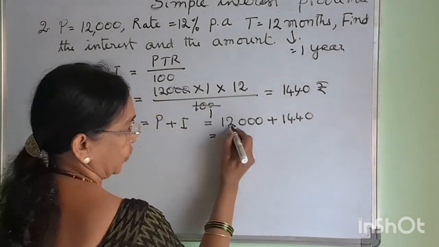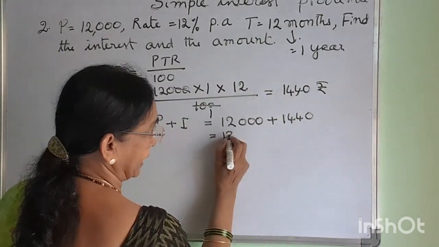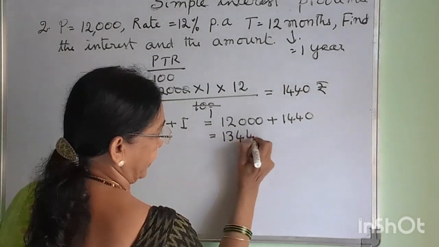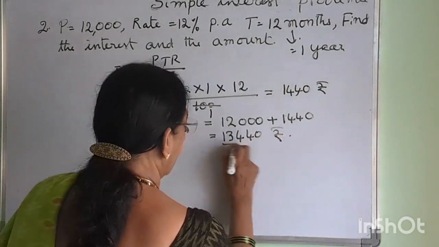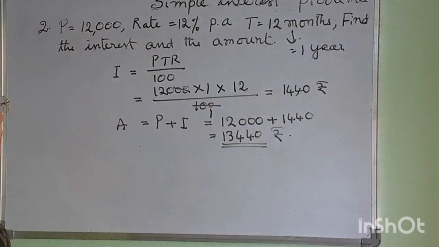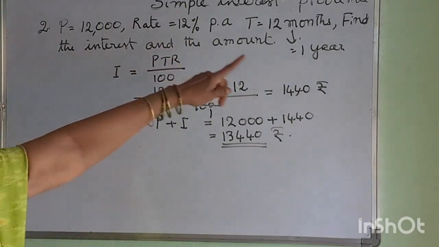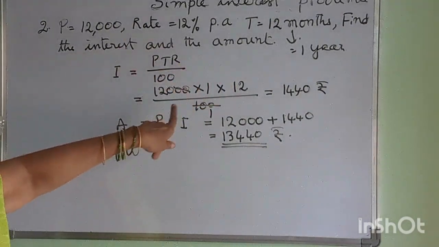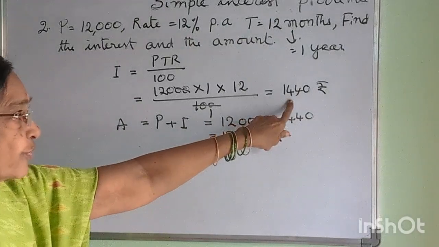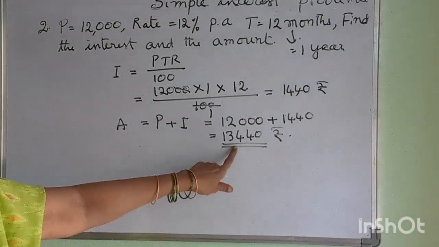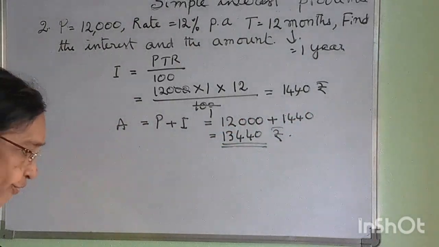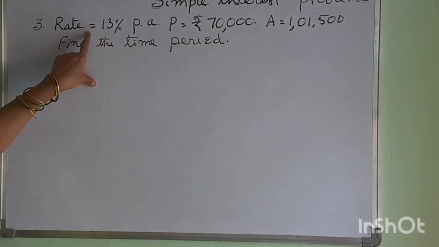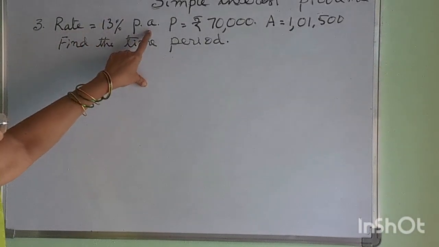Adding this, 12,000 plus 1,440 is 13,440 rupees. So amount is equal to 13,440. Find the interest and the amount: interest is equal to 1,440 and the amount is 13,440.